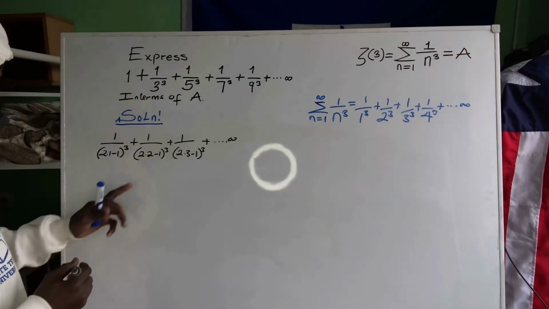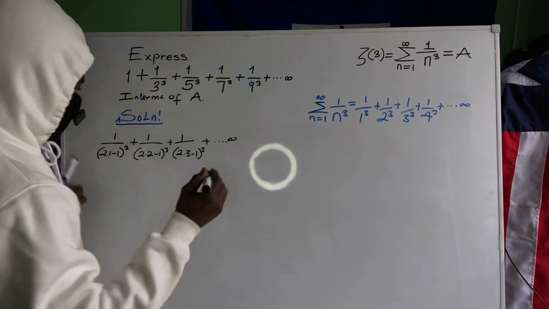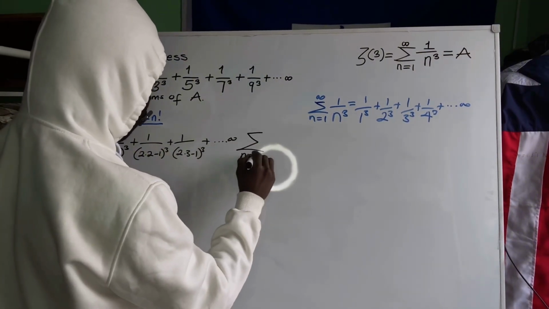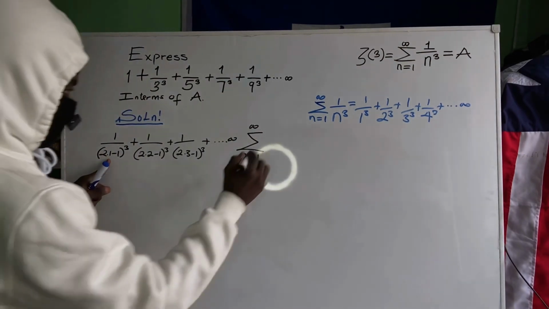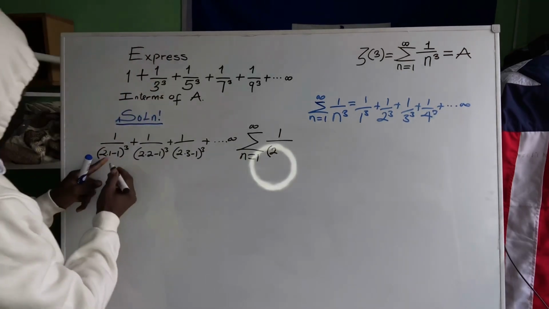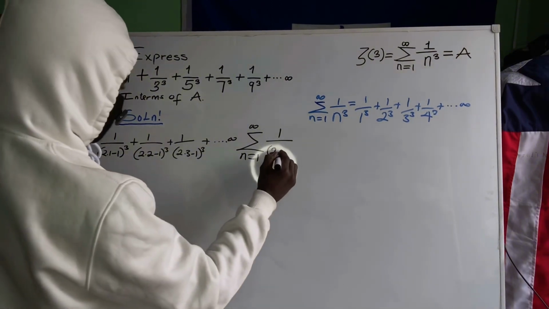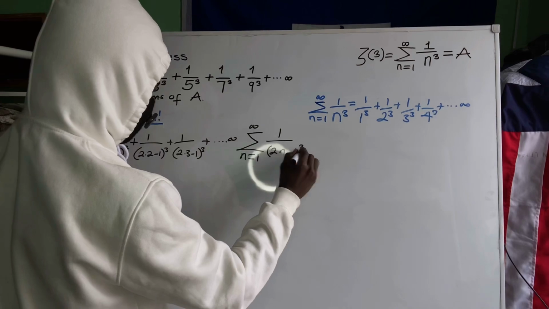So we can write this as a summation. This will just be equal to the sum from n is equal to 1 to infinity. 2 is constant, so we say 2. 1 is changing as the term increases, so this will be 2 times n minus 1 all cube.